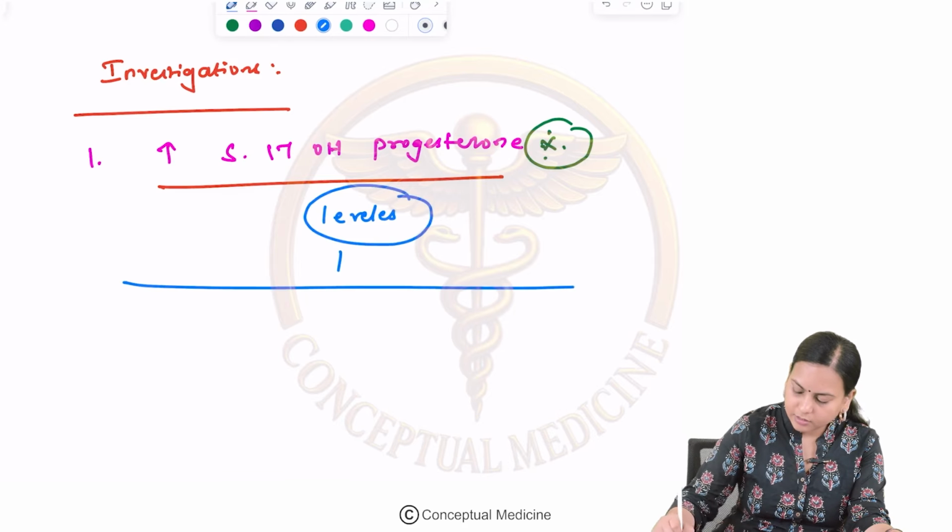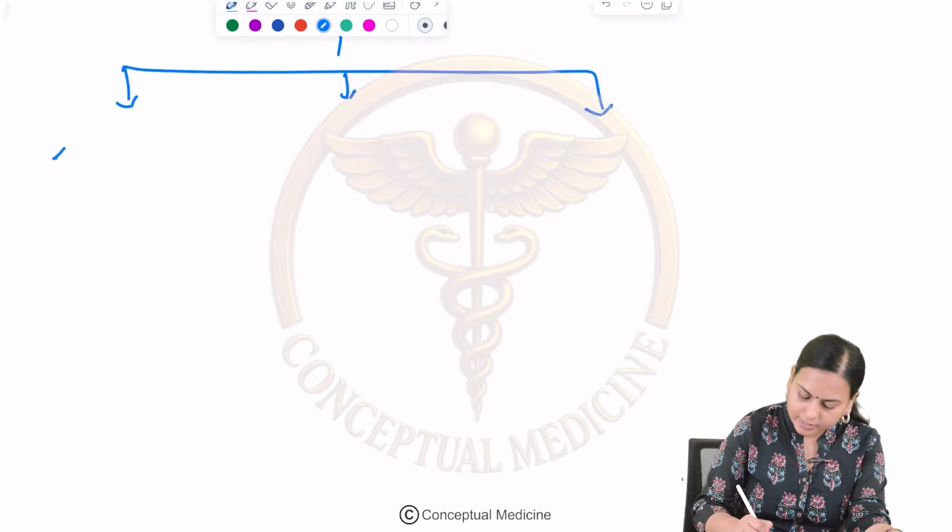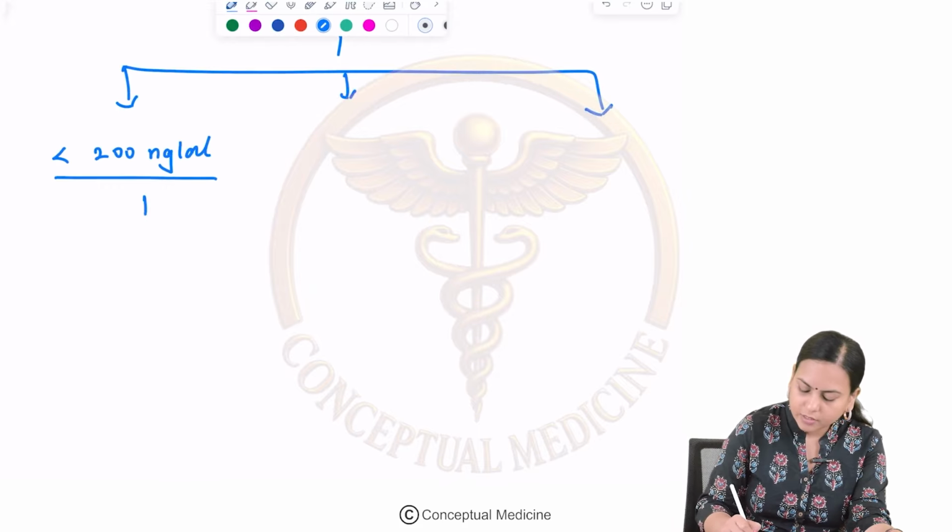and the levels are less than 200 nanogram per deciliter, then it is considered normal.